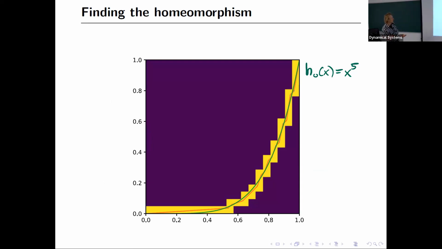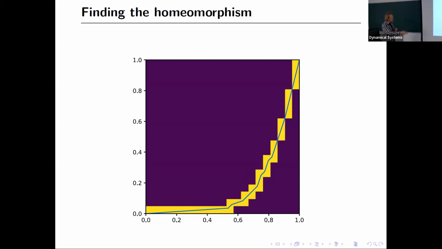So if I very naively guessed, and also very wrongly guessed, that conjugacy map, this connecting homomorphism between logistic and tent map, is x to the power 5, then what the algorithm will do is, among all neighbors of this cubical homomorphism, we will find one flip of a cube that will give me a better value of the conjugacy test.